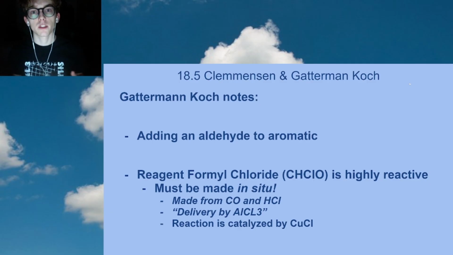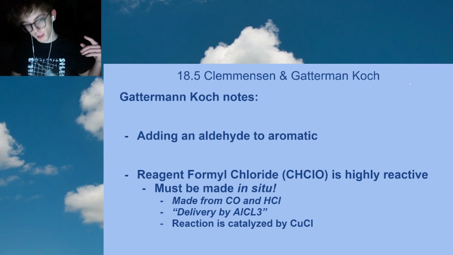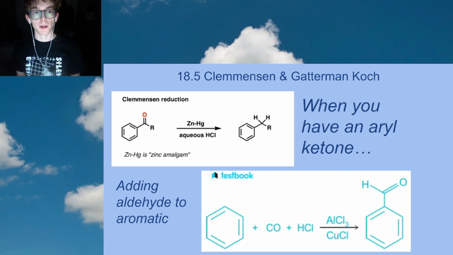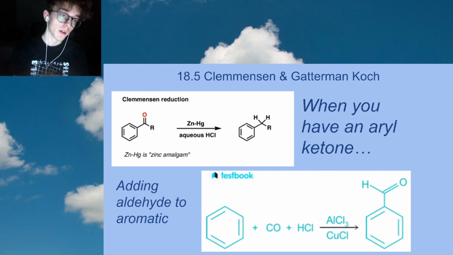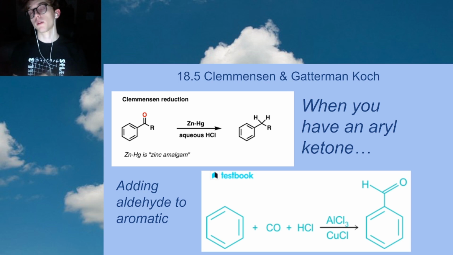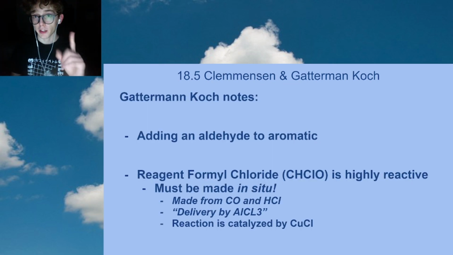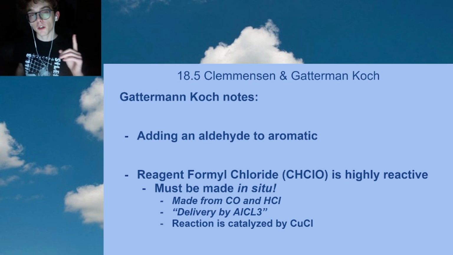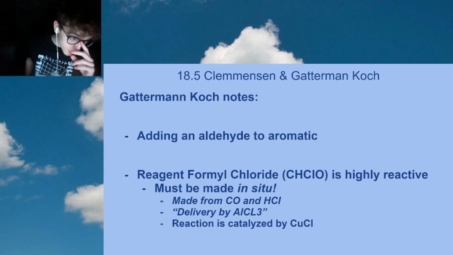Let's summarize the Gattermann-Koch reaction. Remember, Clemmensen, I'll go back real quick, is just a way to reduce aryl ketones, right? We use a zinc amalgam, which is zinc with mercury, and aqueous hydrochloric acid, and that reduces it down. So, moving on, the Gattermann-Koch. When I say Gattermann-Koch, think in your head, adding an aldehyde in the aryl position to an aromatic compound.